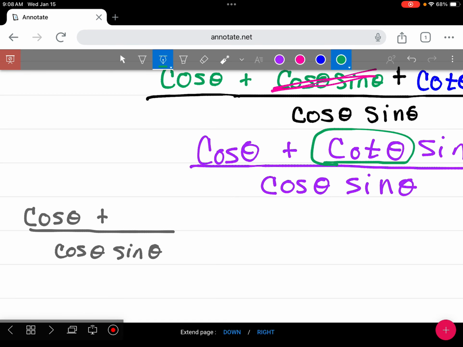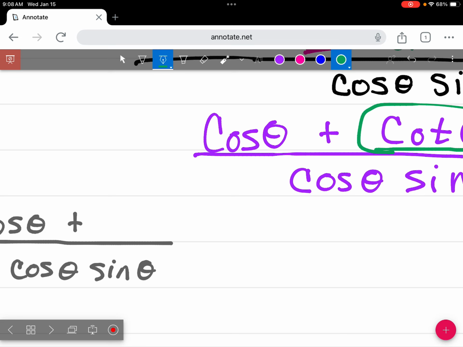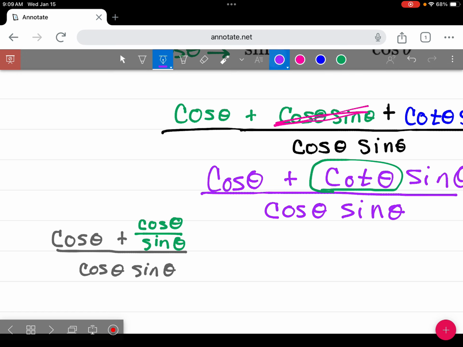We're writing our cotangent. That's going to be our reciprocal of tangent. Remember, tangent is sine over cosine. So cotangent is cosine over sine. So cosine theta over sine theta times sine, right?